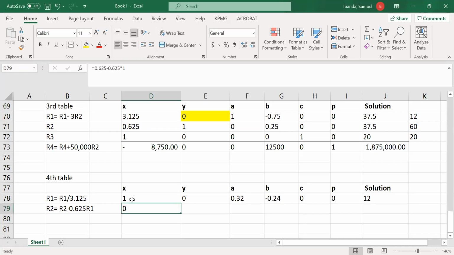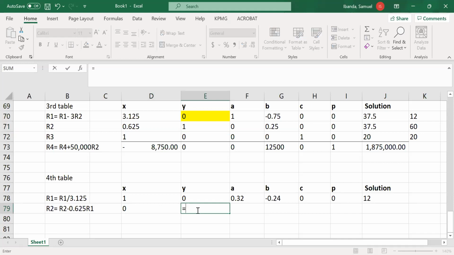Now, the next thing I have to do as well is make sure that this one is also 0. Let me first finish this row. So this one will be R2, the one that is existing, minus 0.625 times 0.